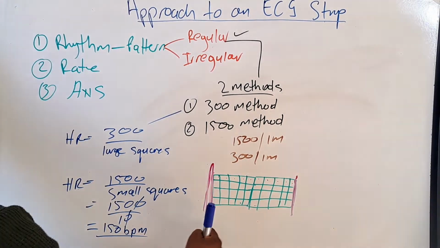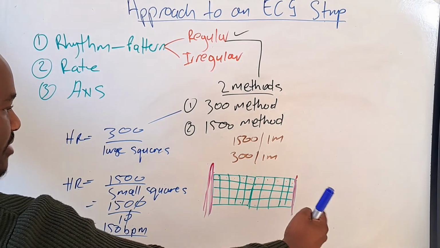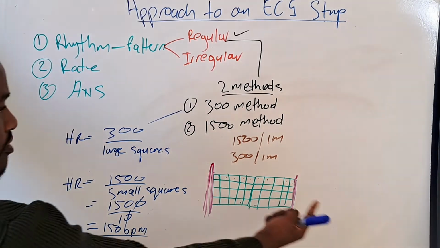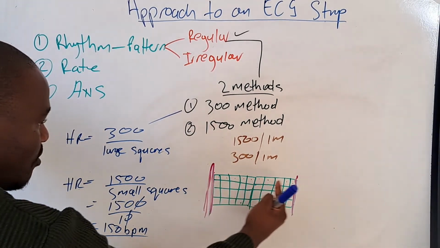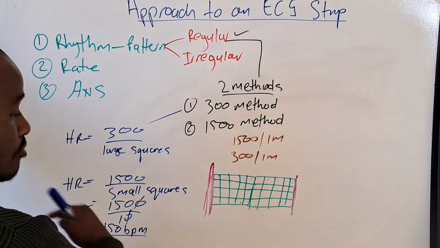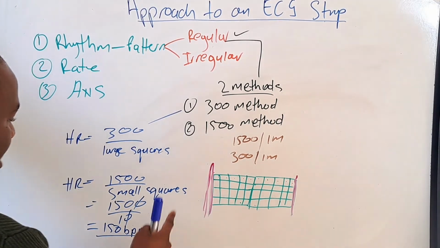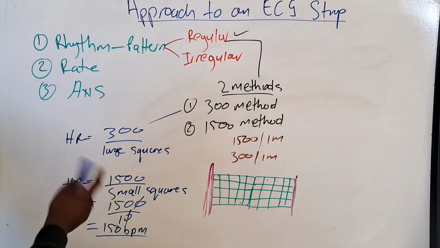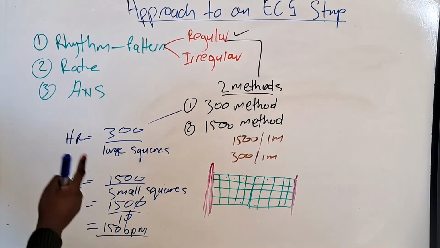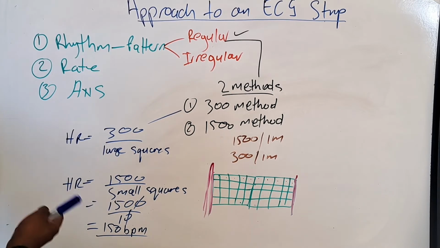You don't expect that the next RR interval is going to be like 3 big boxes or 4 big boxes. Because it's regular, you know it's going to be the same number of boxes throughout. So that's why it's safe to employ these 2 methods. That's why you can't employ these 2 methods when the heart rate is irregular, when the pattern is irregular.